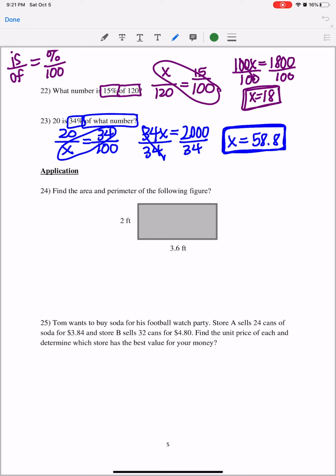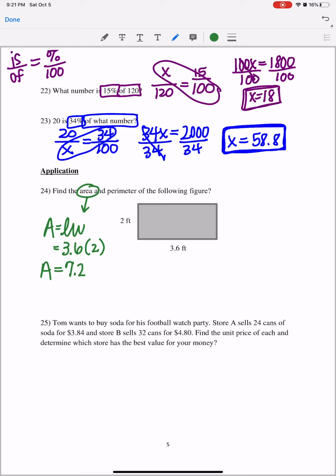24, find the area and perimeter of the following. Your area formula is length times width. So your length is technically that 3.6. Your width is the 2. If you get those backwards, it really doesn't matter because 3.6 times 2 or 2 times 3.6 is going to give you a 7.2.